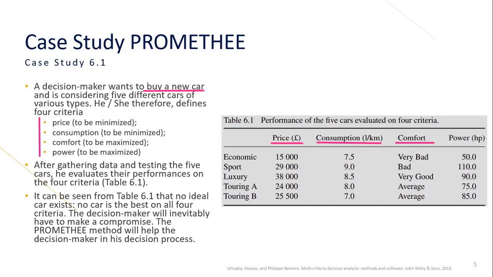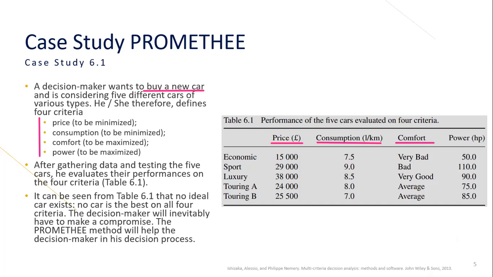So it means that the better the comfortable level, the higher the score. For example, bad is better than very bad, or the obvious one, very good is better than bad. So very good should have a greater score compared to bad. Let's say if you give very good 10, bad maybe about 5.